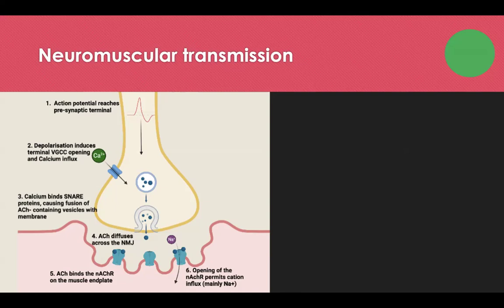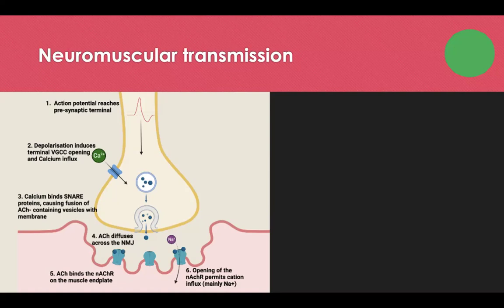Because of the concentration gradient of the calcium, it will enter the cell and it binds to a snare protein, otherwise known as synaptotagmin 3, I think. So the snare protein causes a fusion of vesicles, which are already produced and ready in the end of the nerve fiber, to fuse with the membrane.